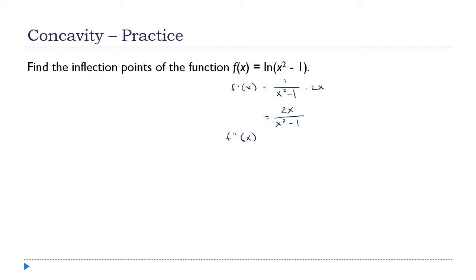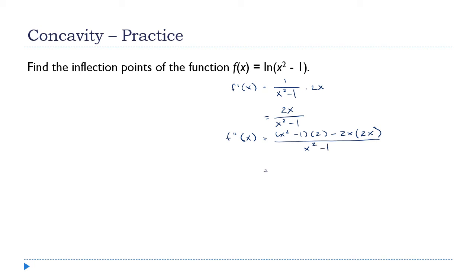I'm going to get the second derivative, this time using the quotient rule. It's going to be x squared minus 1 times the derivative of 2x, that's 2, minus 2x times the derivative of the denominator, that's 2x, over x squared minus 1.